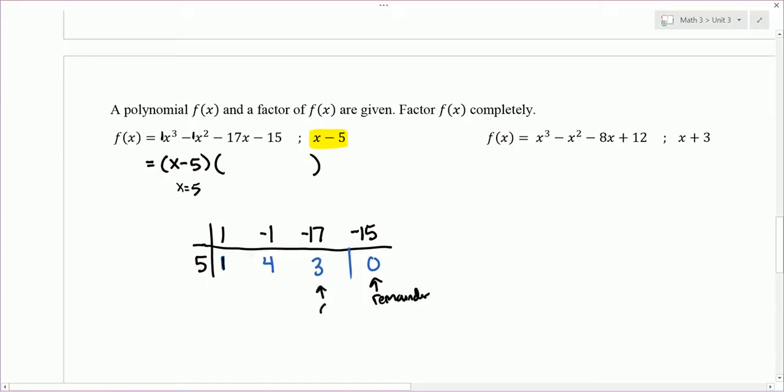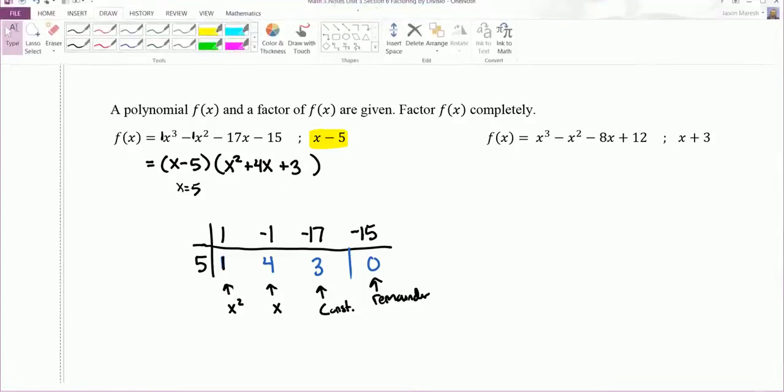Three is our constant term. 4 is our x term. 1 is our x squared term. So that is the missing piece, and we can write that in. So we have 1x squared, we have 4x, and we have plus 3. And we factored.